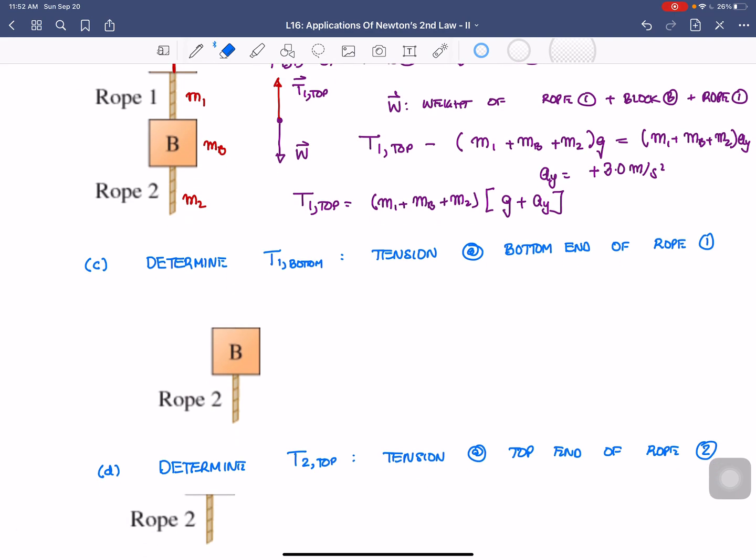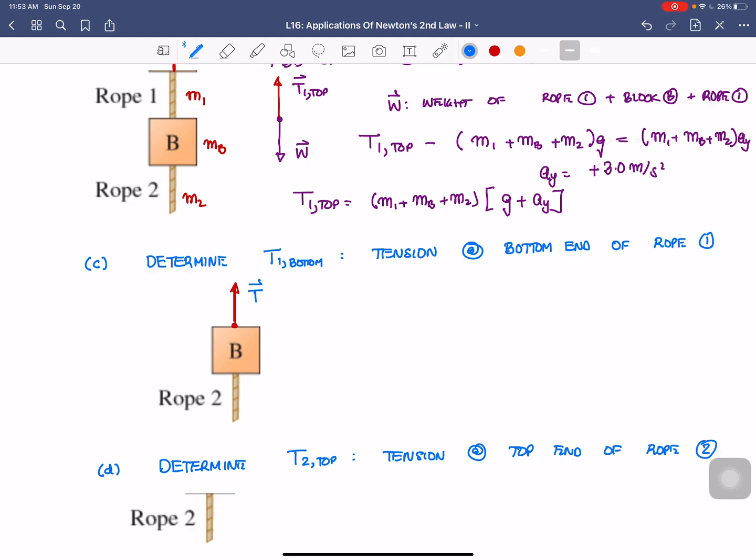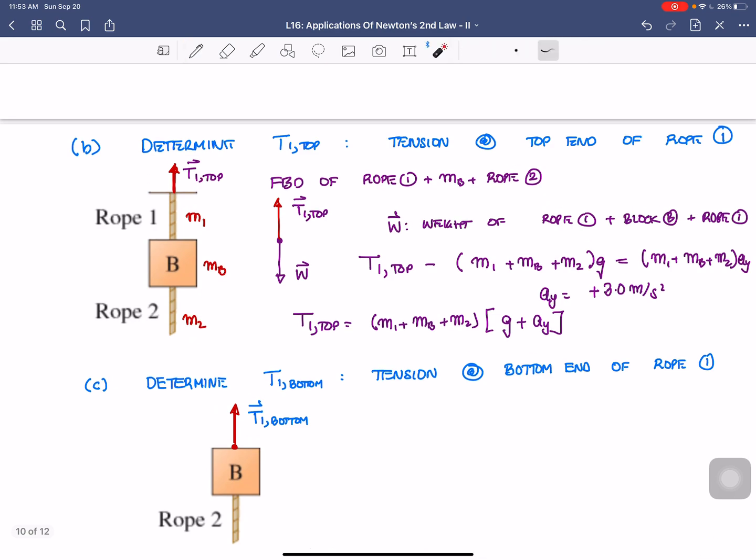So there I'm going to put in a dot here, and just draw it here. This is T1 bottom. Using the same argument, the tension at the bottom end of rope 1 is responsible for accelerating everything below it.